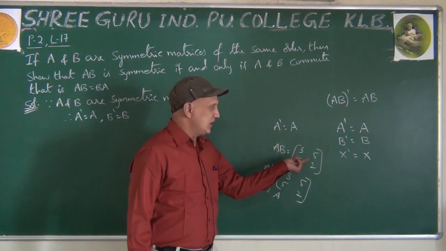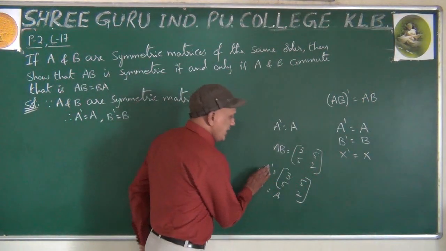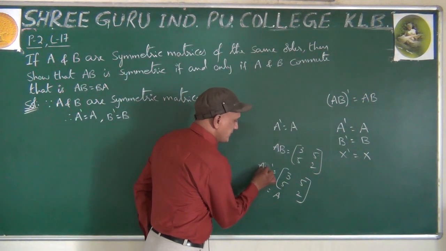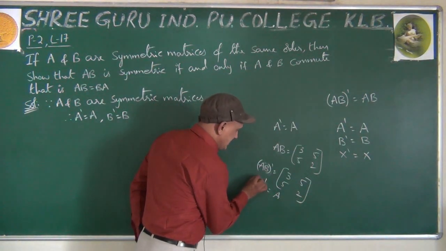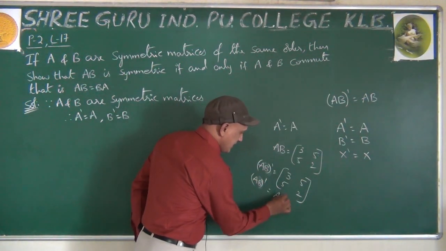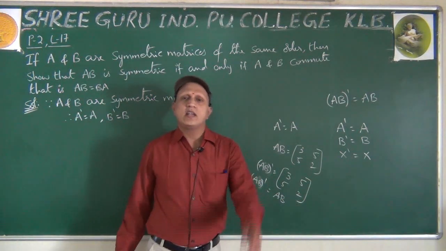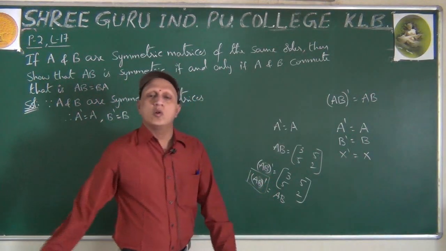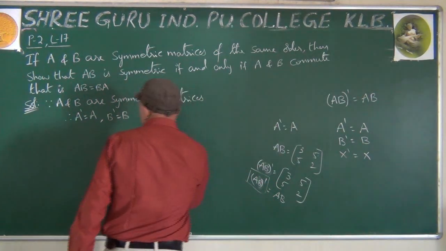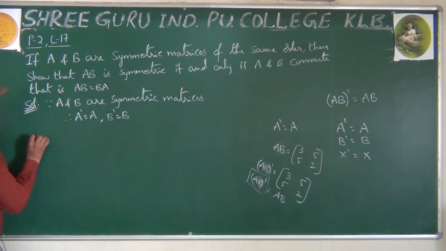So how can we prove that this matrix is symmetric? AB whole dash we have to find out. If AB whole dash is equal to AB, then we can say that AB is symmetric. So let us see AB whole dash.